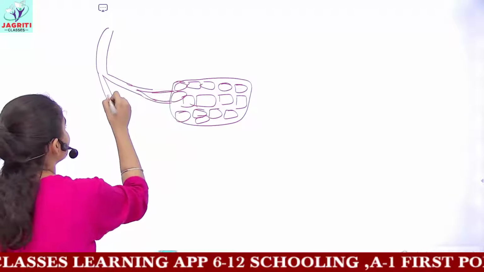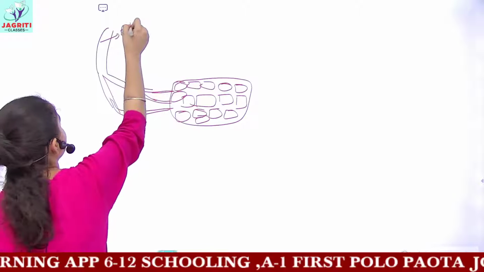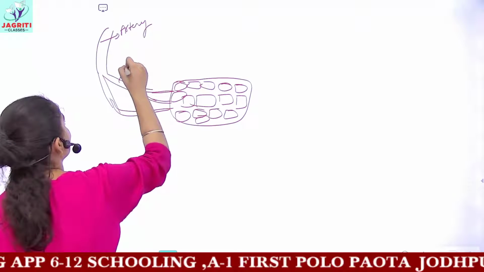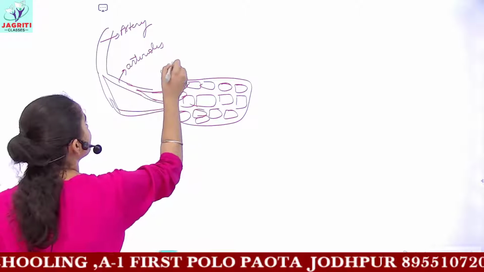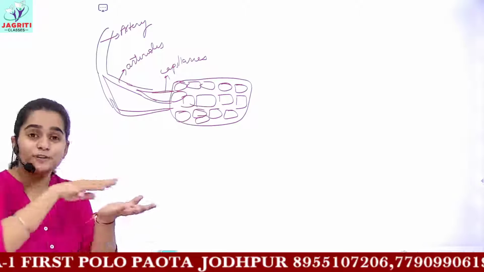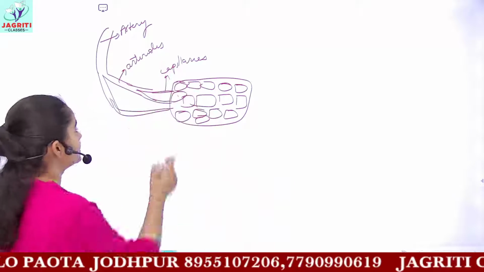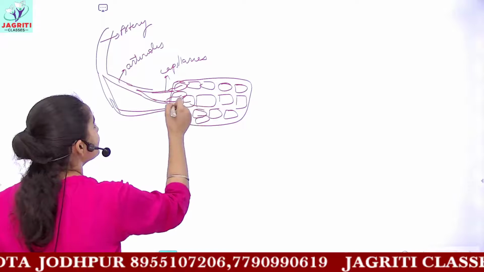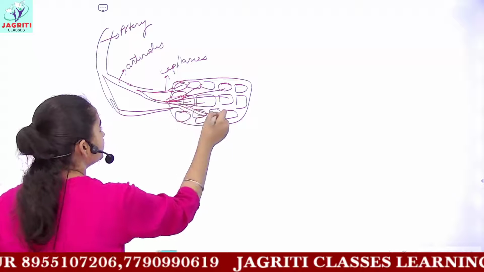So these are the capillaries carrying the blood. The very thin fine blood vessels which are present in the form of a network on the surface of tissues are known as capillaries. Here these capillaries are supplied to each and every cell of the tissue.